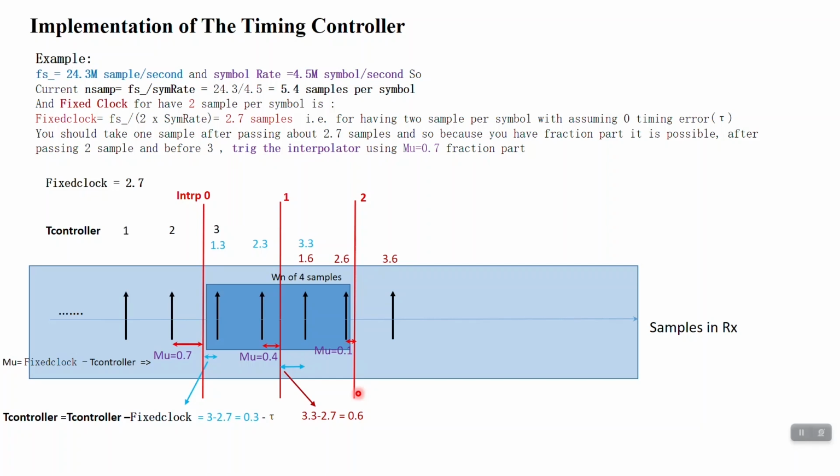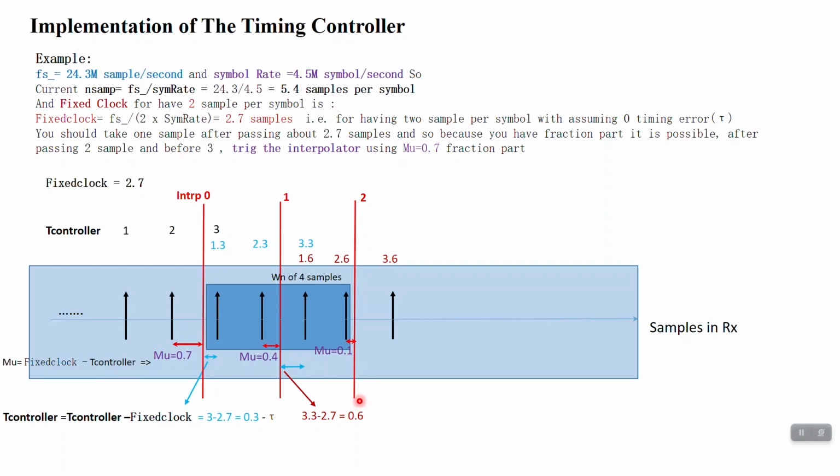as I said, you can use the Gardner formula for this reason. So estimate the timing error and give it to the loop filter, and the output of the loop filter again is used to update the T controller.